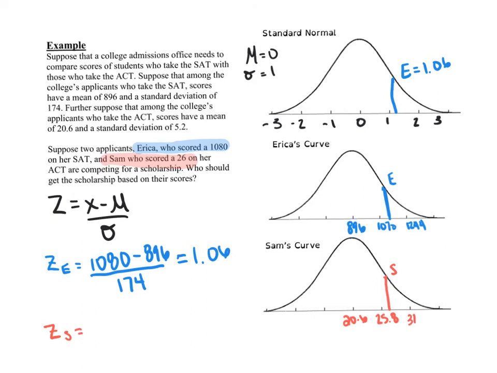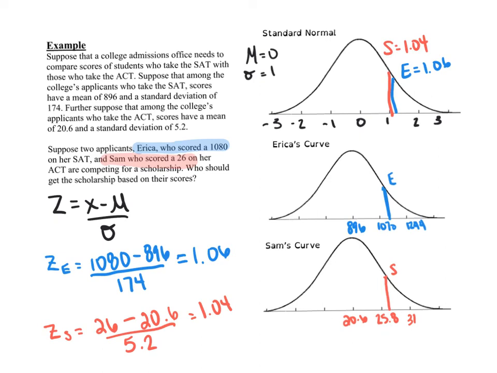So this will be 26, because that's what she scored on her test, minus the mean, which is 20.6, divided by 5.2. When I calculate that, I get 1.038. So we'll say it's about 1.04. So you can see that Sam's score is approximately here at 1.04.